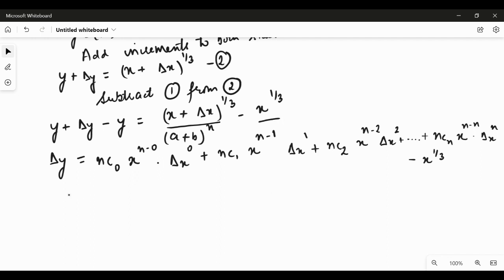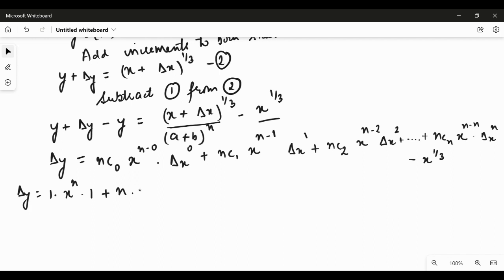Okay. So let me solve this. What is the value of nC0? It is 1. So 1 into x^n into Δx^0. Anything to the power 0 is equal to 1. Fine. Plus nC1. What is the value of nC1?